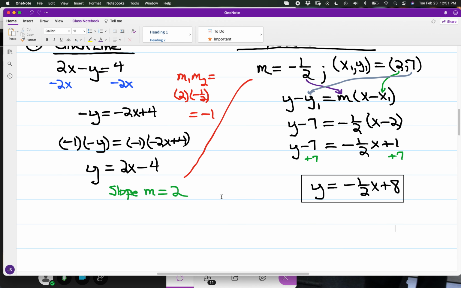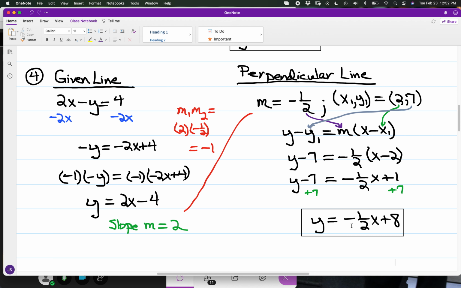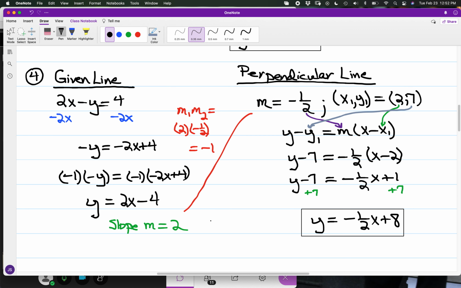The slopes of 2 and -1/2 are opposite sign reciprocals, and to see if (2, 7) belongs to this particular equation, y is 7, so the left hand side of the equation is 7, and I want the right hand side to be as well. So we have an x of 2, -1/2 times 2 is -1, and -1 plus 8 is also 7, so we do have consistency.